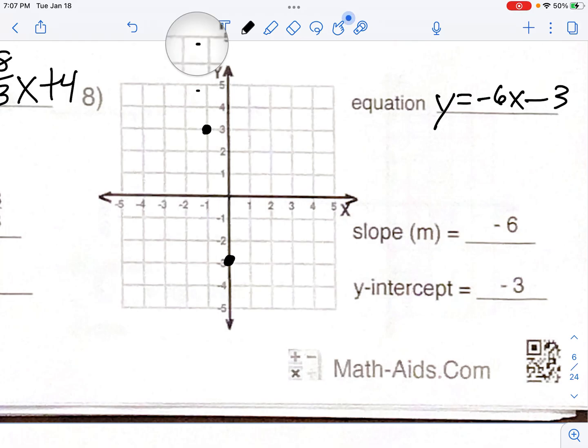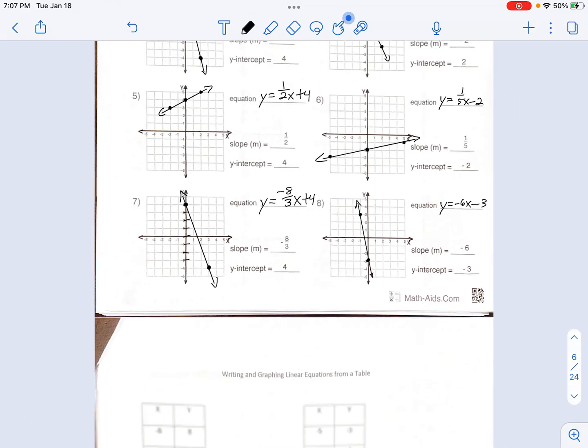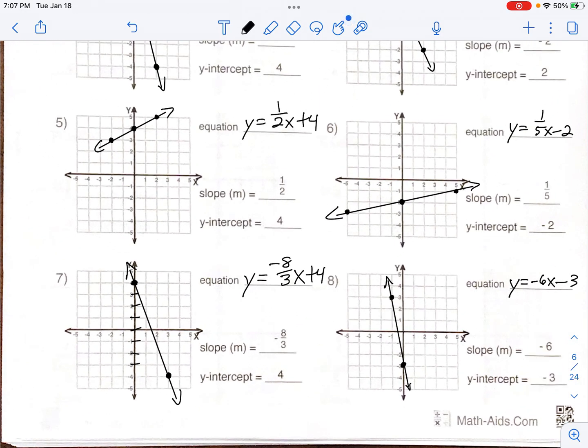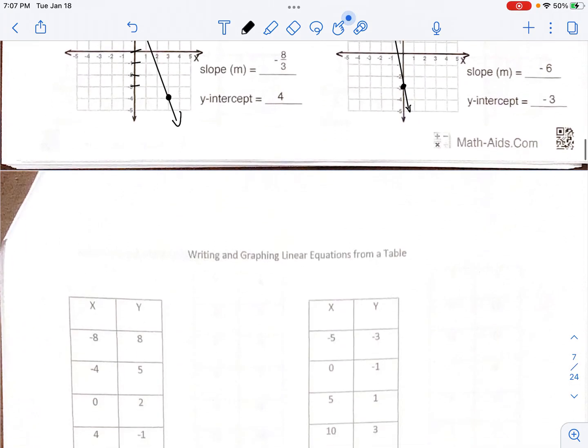I cannot get another one, so I'm stuck with just 2 dots. It's not wanting to draw a straight line for me. I'm trying to cheat here and draw a straight line with my little straight line drawer thing. There we go. So that would be writing an equation given the slope and y-intercept.